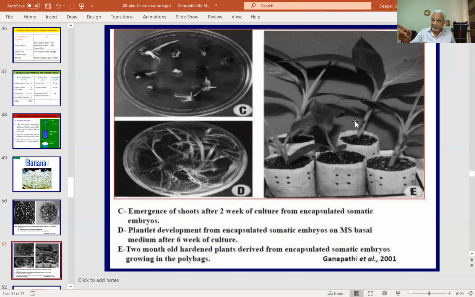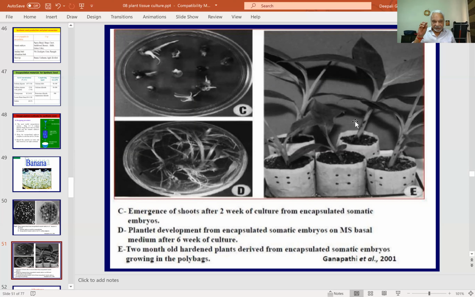The added advantage is that these plants have the genetic makeup of the mother plant from where the somatic embryos have been generated. So we are able to propagate the same genotype using this technique.